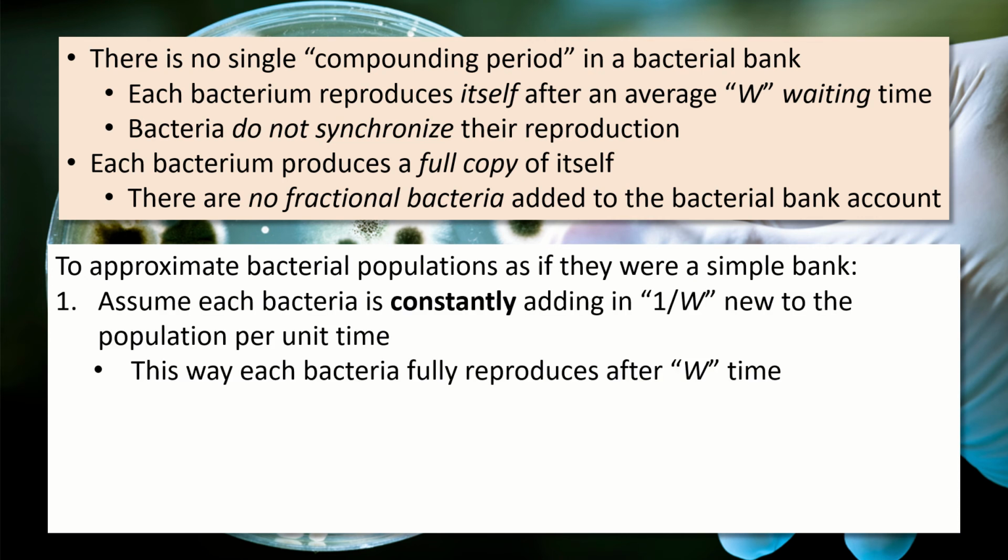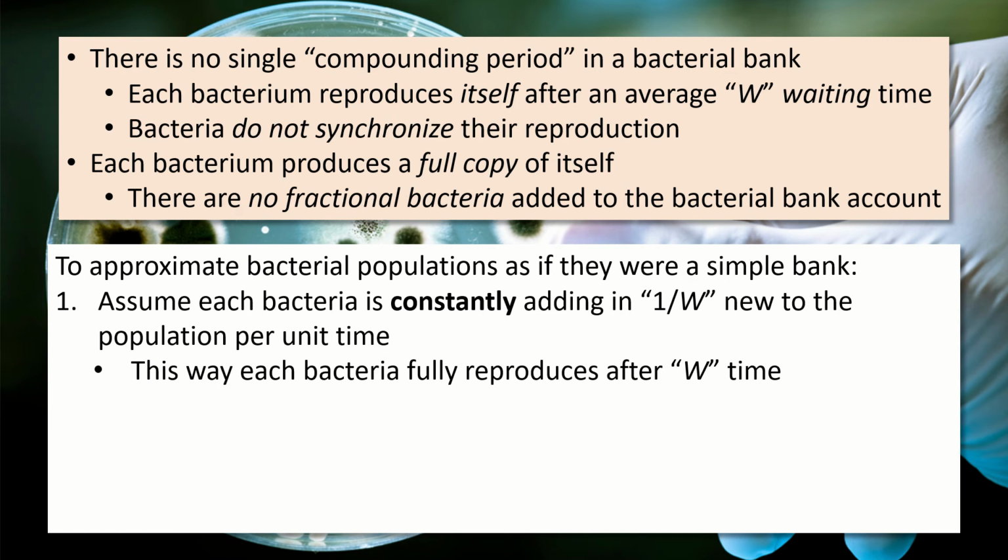And the thing is, what if each bacteria, instead of waiting for W time and then popping out a fully formed bacteria, what if I view every bacteria as oozing out a little bit of bacteria at a slow rate that is related to 1 divided by this duplication time? So the thought here is that if I wait a full duplication time, I will have accumulated a full new bacteria.